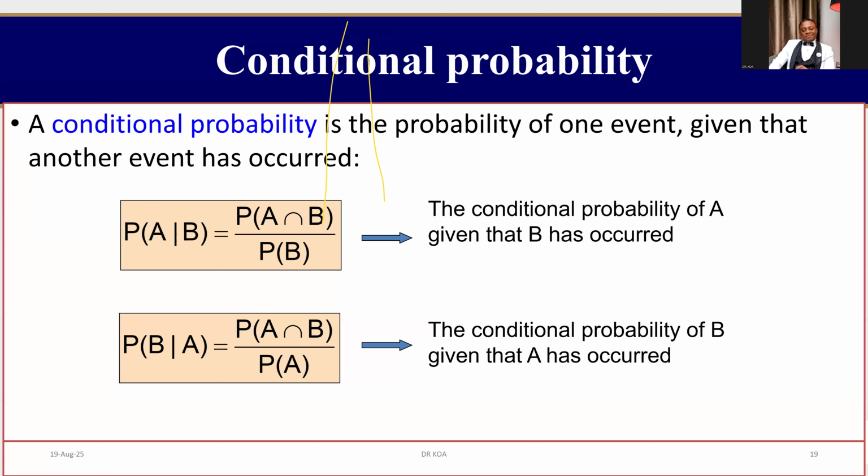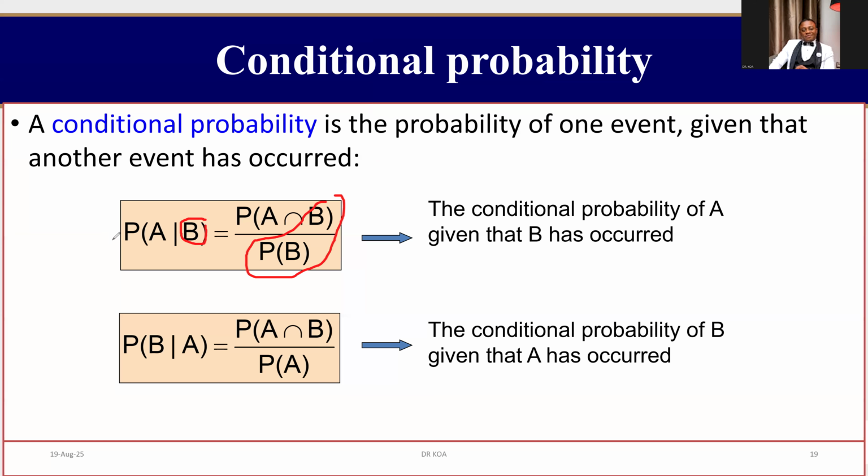Is equal to the probability of A intersection B divided by the probability of B. Now remember, the B here is the one that comes to the bottom, because B is at the end here.